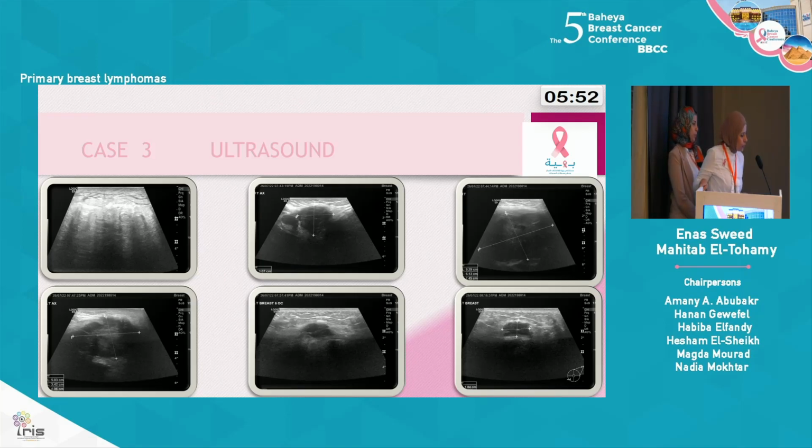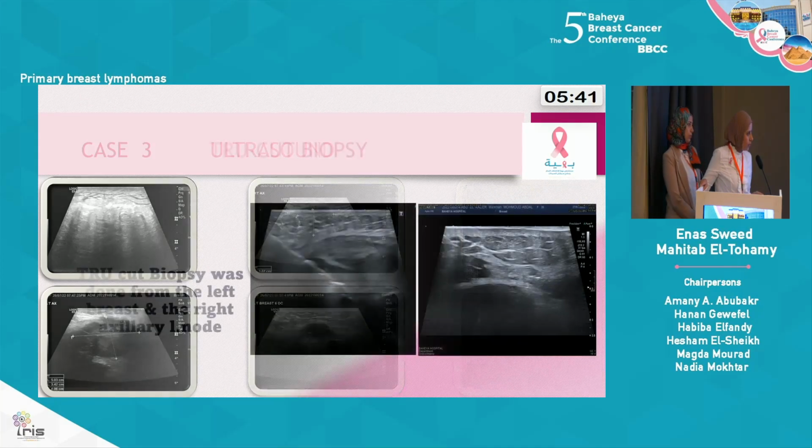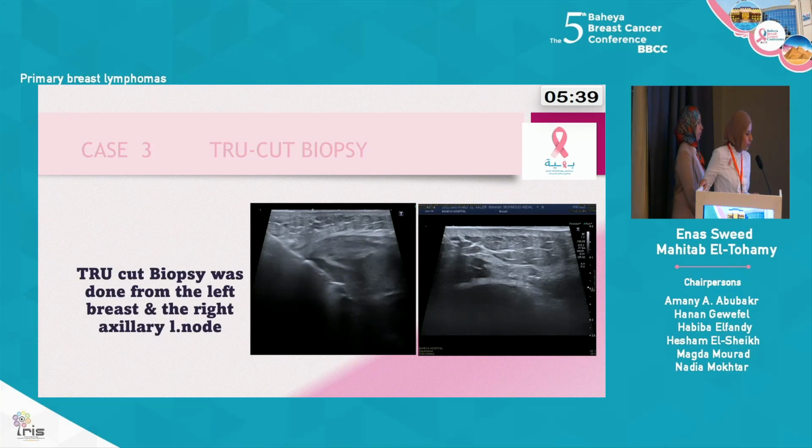The ultrasound demonstrates a left breast 7 o'clock zone C, irregular, indistinct-margin, hypoechoic mass, with no vascularity detected on Doppler mapping. True-cut biopsy was taken from the right pathological axillary lymph node and the left breast mass and was categorized as BI-RADS 4.